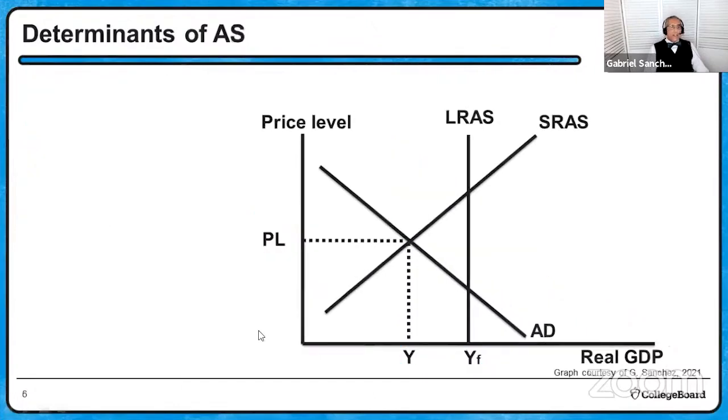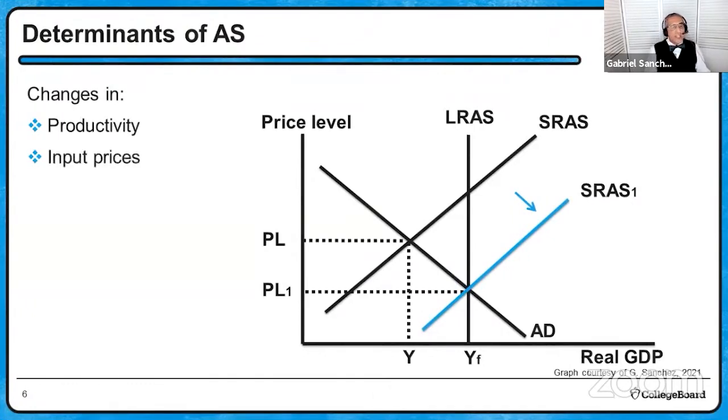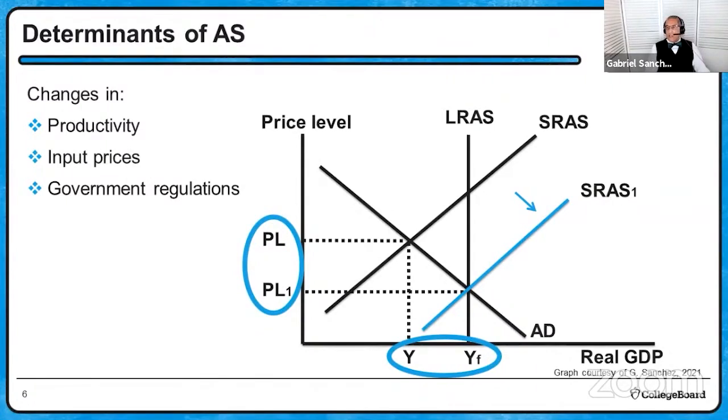And just like we have determinants of aggregate demand, there are determinants of aggregate supply. And when we have changes in these determinants, we will get the supply curve to shift, as we can see here. So when we have changes in productivity, changes in input prices, changes in government regulations or business taxes, that will cause changes in the supply curve. And here we can see short run aggregate supply shift from SRAS to SRAS1.